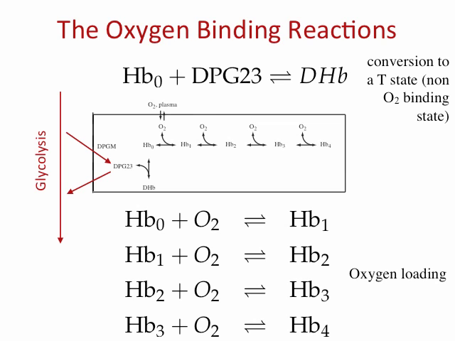So the higher the concentration of DPG, the more of hemoglobin is converted to the deoxyhemoglobin form. 2,3-DPG is therefore a key regulator of the state of hemoglobin by regulating the amount of hemoglobin available for oxygen binding.